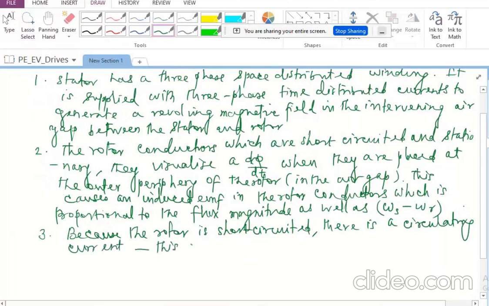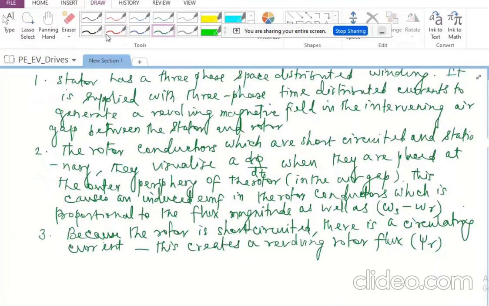This creates a revolving rotor field or rotor flux. So let me call this psi r. And whatever is the original revolving magnetic field, let me call that psi s.